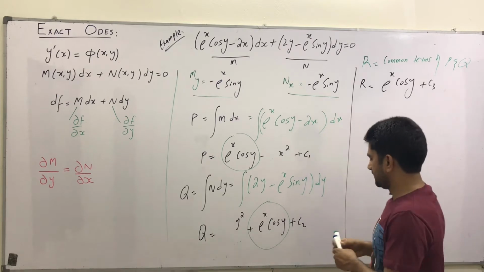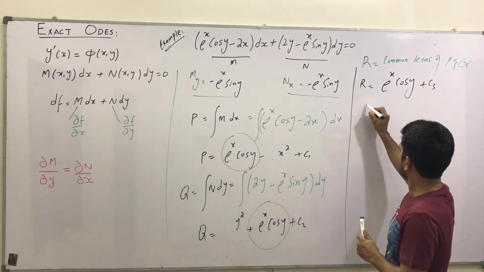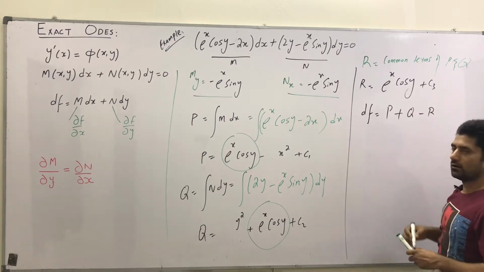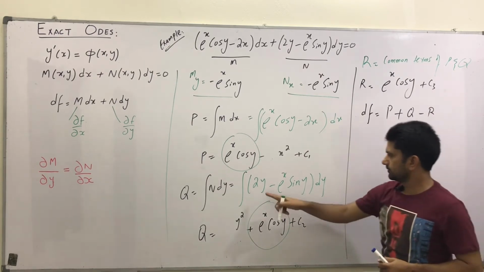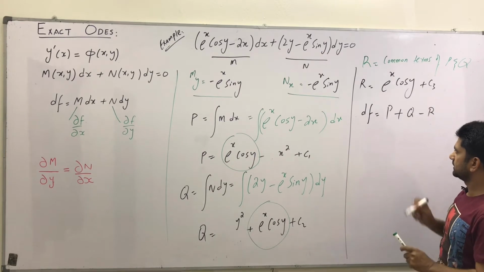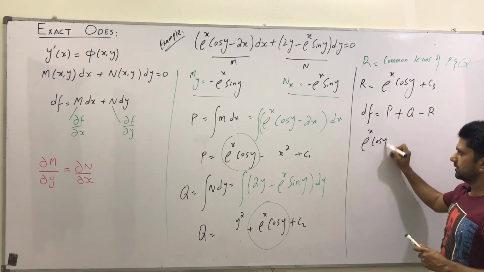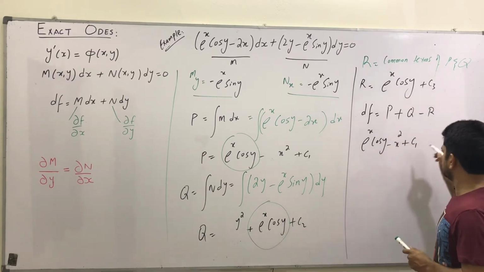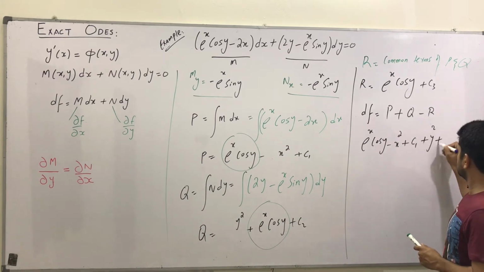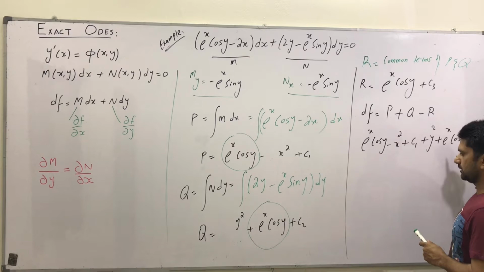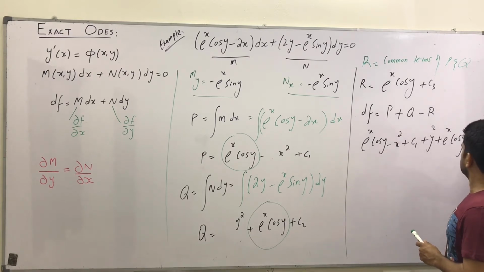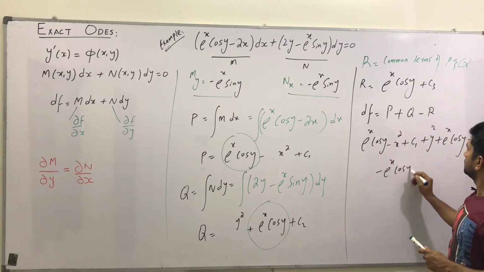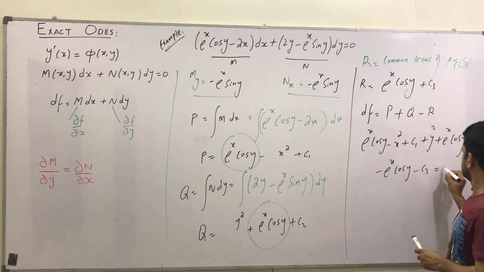Now in the last step we find the solution, which is df equals P plus Q minus R. Our P is this, which is e to the power x cos y minus x square plus constant, and Q is y square plus e to the power x cos y plus constant, and R is this one, we subtract, so minus e to the power x cos y minus constant equals 0.